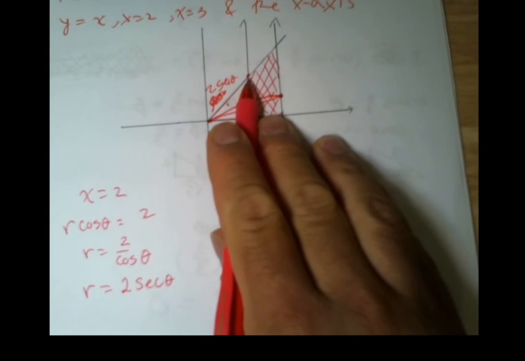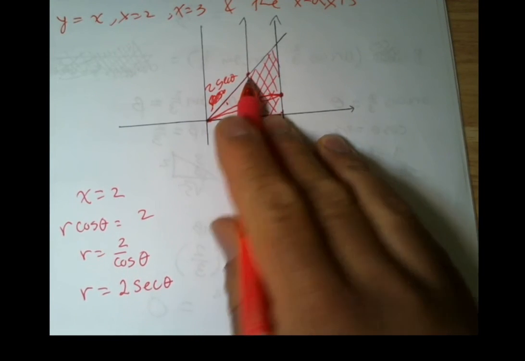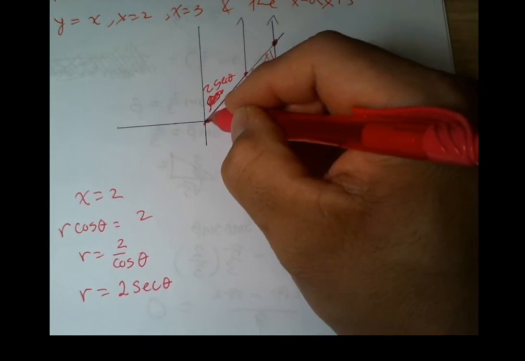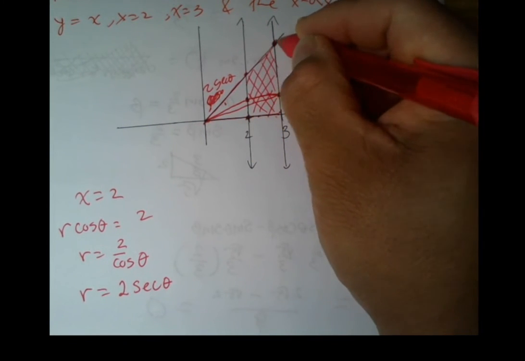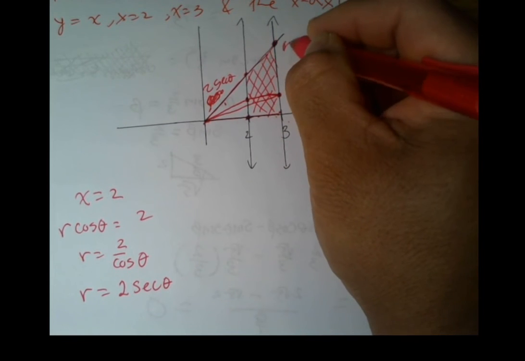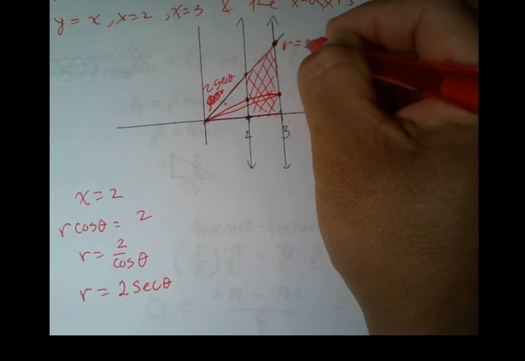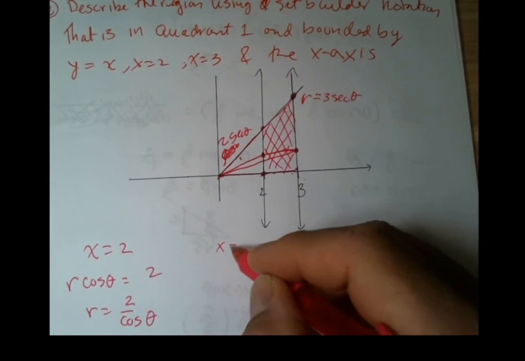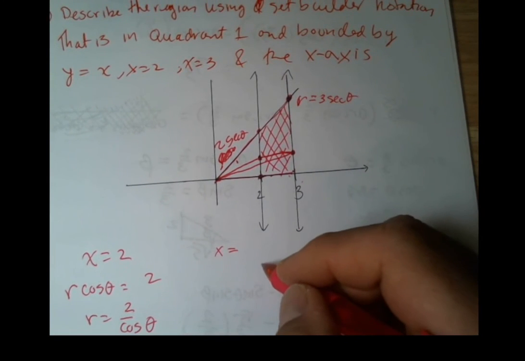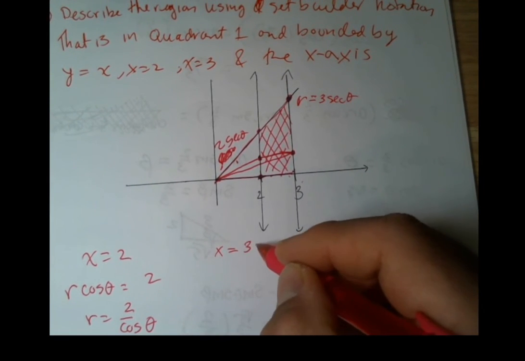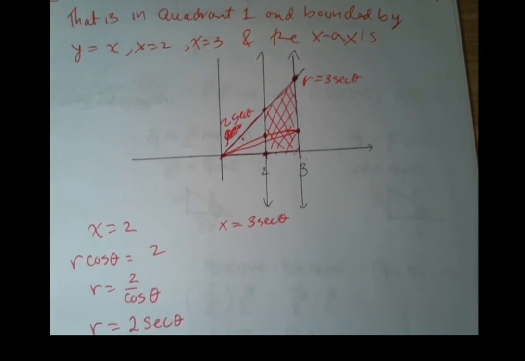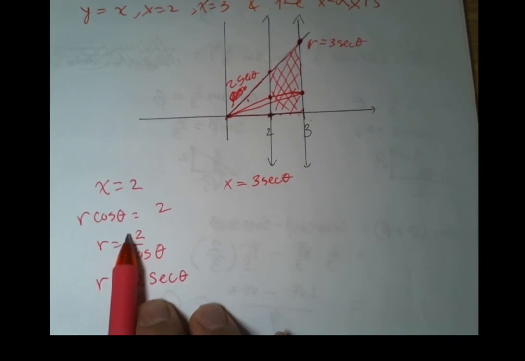So that would be the lower limit. And the upper limit up here, that would be r equals 3 secant theta, using the same kind of transformation of coordinates.